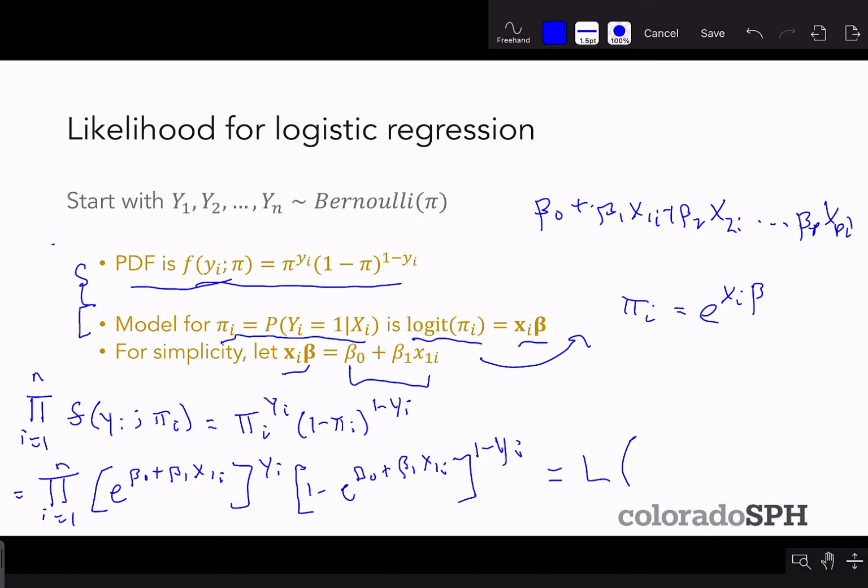And notice before we had pi i as the parameter of interest. Now we no longer have that. Instead, what we have are these betas, and those are the things that we want to estimate. So the likelihood is now in terms of beta 0 and beta 1, given your observed yi and xi.